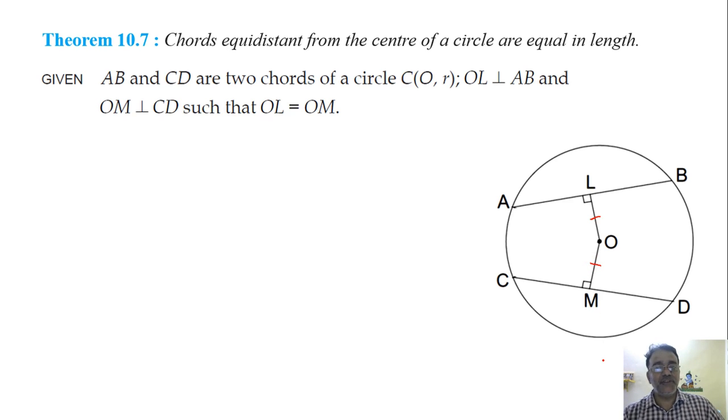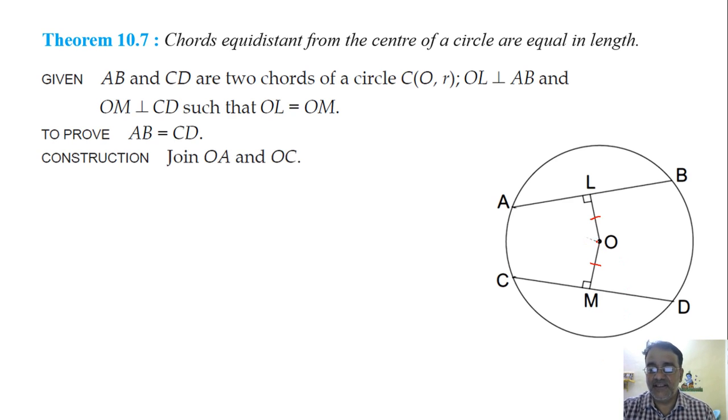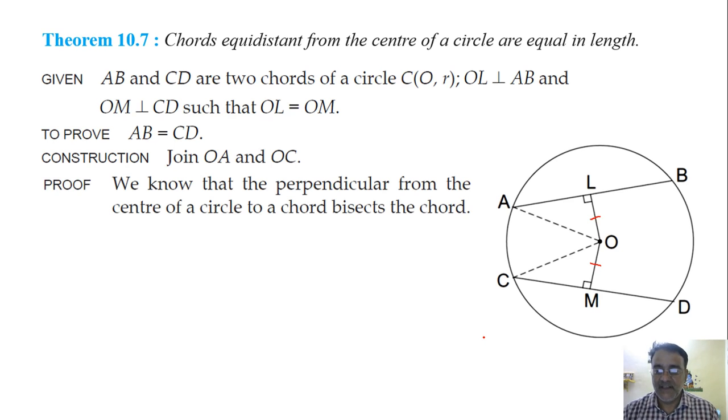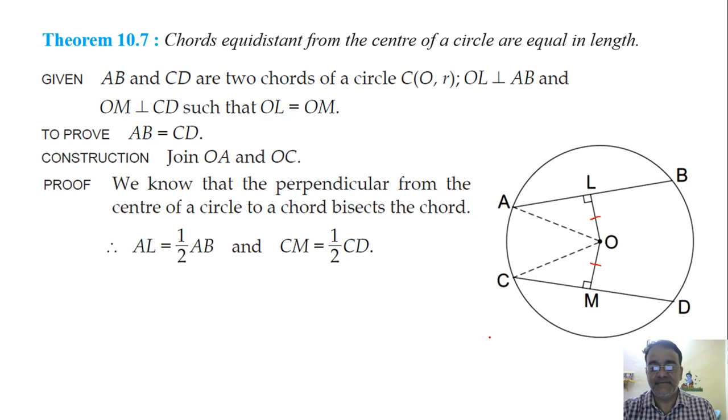Now we have to show that the chords are equal, that is AB is equal to CD. So we'll join OA and OC as we did before, right? Now we write the same step as in the previous theorem, that the perpendicular drawn from the center to a chord bisects the chord. So AL is equal to half of AB and CM is equal to half of CD.